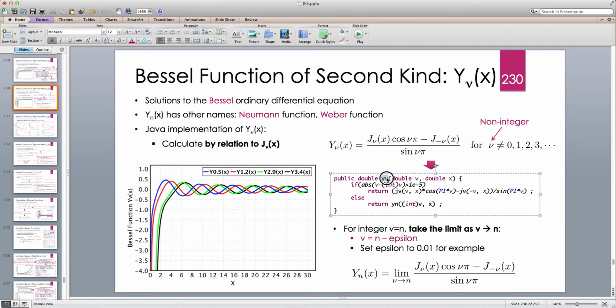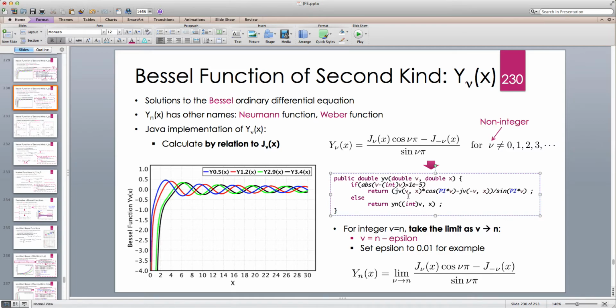So if I want to implement Y nu for double nu and double x, I check whether or not nu is an integer. So take the absolute value of nu and downcast it to integer and see if the difference is greater than some tolerance, let's say 1e minus 5.